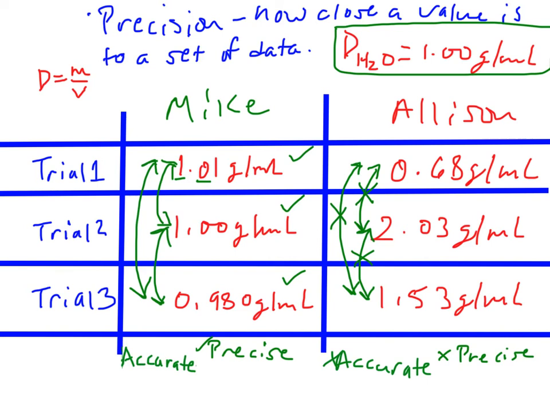She needs to say something about either the triple beam balance maybe not starting out at 0 like it should have, or maybe her graduated cylinder had soap residue left in it, and because of that it disturbed the surface tension of the water, and so it messed up her reading.